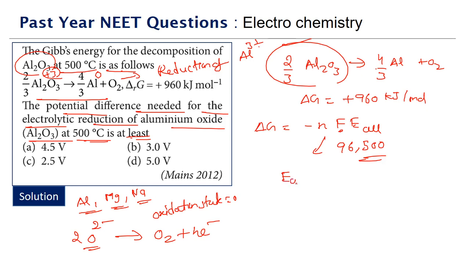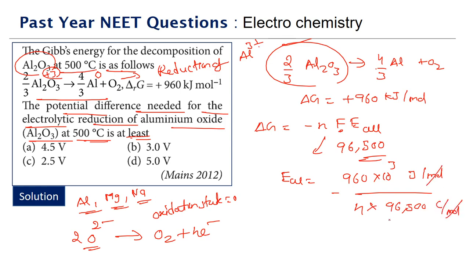Now what will be the E cell value? Del G, which is 960 into 10 power 3 joule per mole, divided by n, which is 4, into 96,500 coulomb per mole, with a minus sign. The per mole cancels, and joule per coulomb is volt.